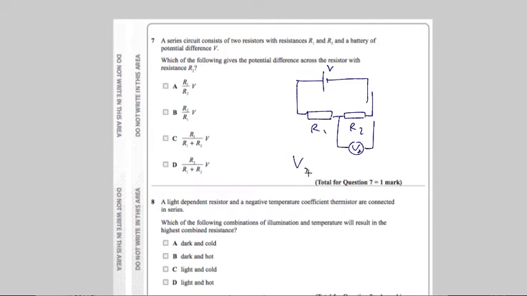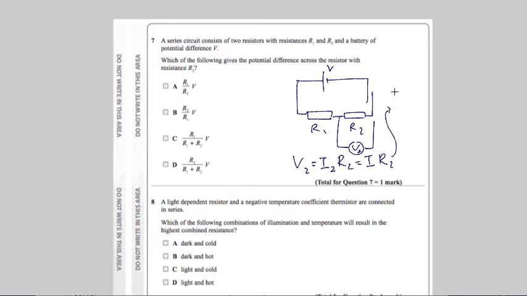Now V2 is given by the current through R2 times its resistance, and by Kirchhoff's current law, the current is going to be just the same everywhere in a series circuit, so we need to find this total current. Now the total current is going to be given by the potential difference that we supply divided by the total resistance.